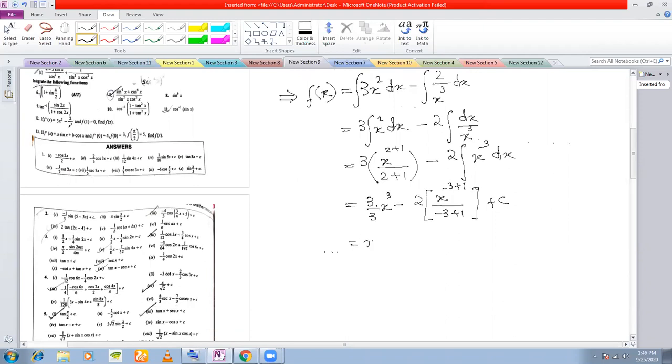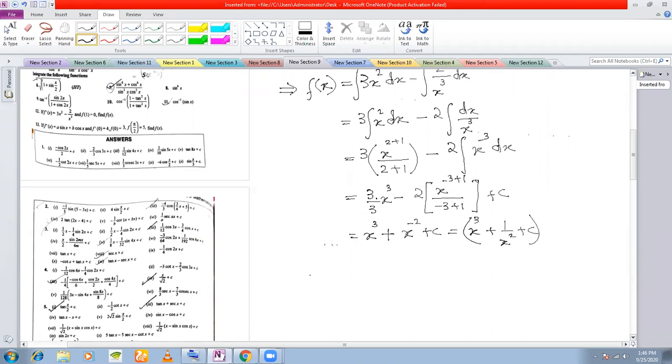So this becomes x cube minus, this minus 3 plus 1 is minus 2. So this becomes a plus 2, plus sign because in the denominator you have a minus sign, and 2 will cancel also. So you get x to the power of minus 2 plus c. So we get x cube plus 1 by x square plus c, right?